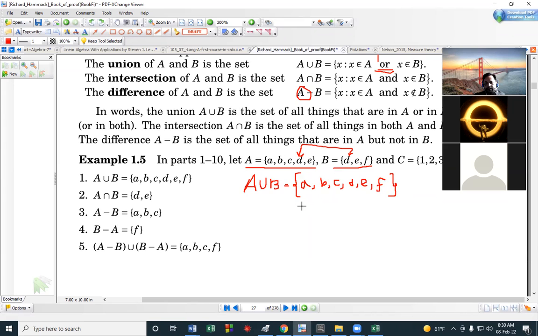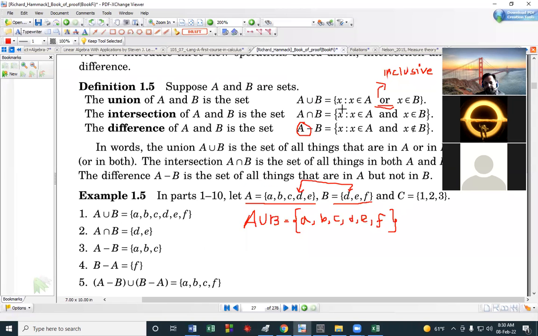So you can translate the definition in this way: A union B is the set of all elements in the set A and all elements in the set B. You just combine them simply.